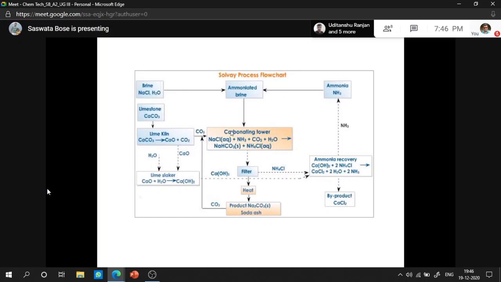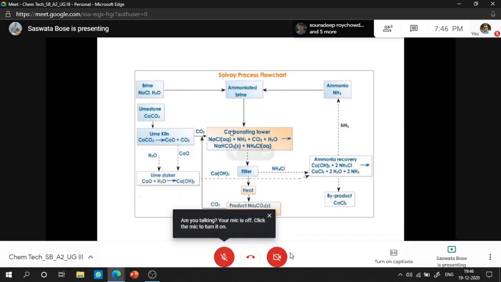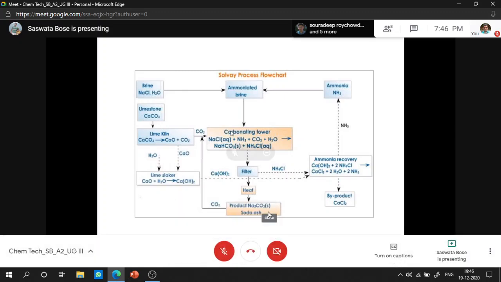So here what I mentioned, in this tower, carbonation of the ammoniated brine is being carried out on the principle of counter current. The ammoniated brine solution is pumped to the top of the tower, okay, and flows downwards to meet the current of carbon dioxide, which is admitted at the bottom of the tower. বোঝা গেল?